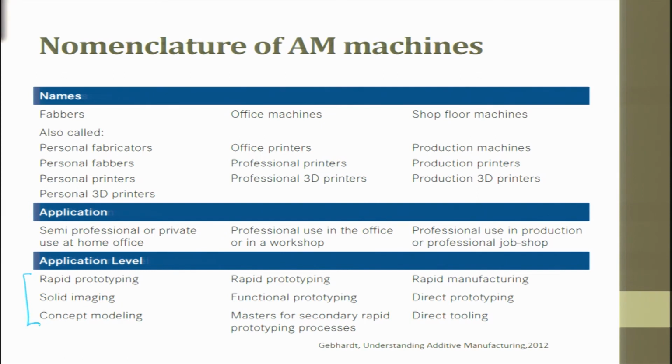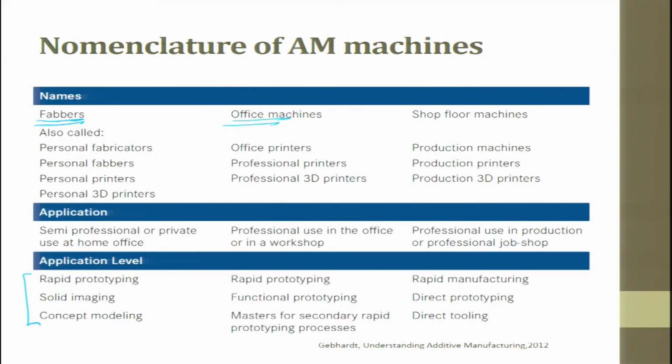These are the application levels where these Fabers will be used in general. Then office machines can be called office printers or professional 3D printers, for professional use in the office or in workshops. They are used for rapid prototyping, functional prototyping, and masters for secondary rapid prototyping processes can also be made through these office machines.